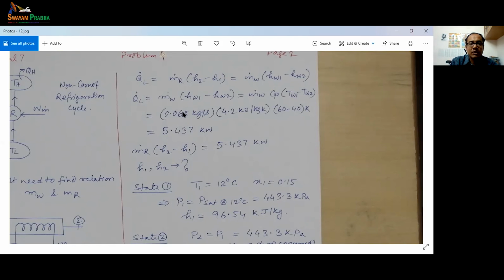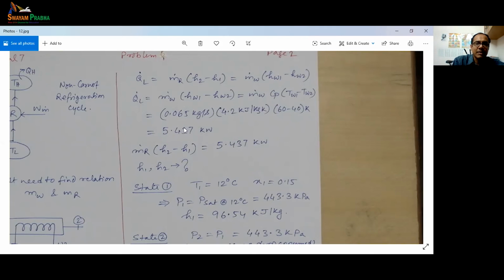Okay, so everything we know here, the mass flow rate of water is given, the Cp value you can look up, and you should remember this value as well, 4.2 kilojoule per kgK, and the temperature difference, which is 20 degrees centigrade or 20 Kelvin. Okay, so this Q dot L you can find out to be 5.437 kilowatt.